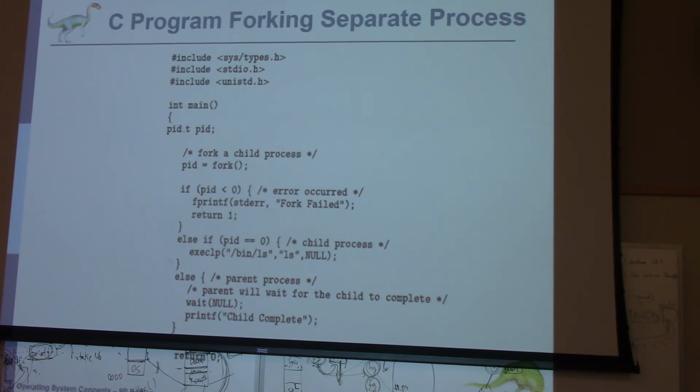If PID is 0, that means this one is the child, so we can then exec, which means load the new program. A negative value means a fork error. We cannot find the resource. Then there is an error and return. Otherwise, the other case is a positive value, so PID is 20, which means this is the parent process.